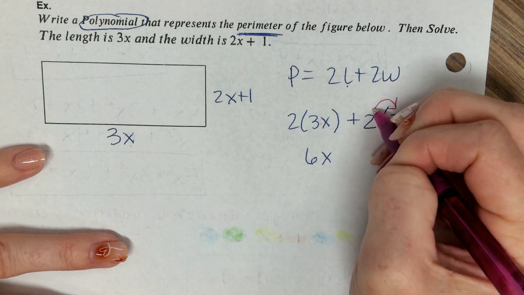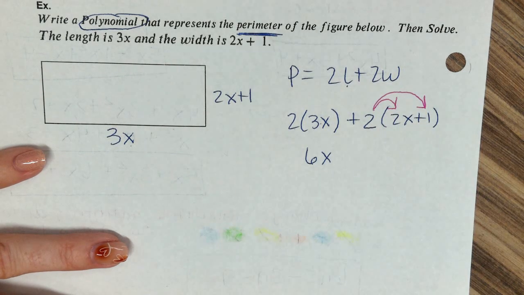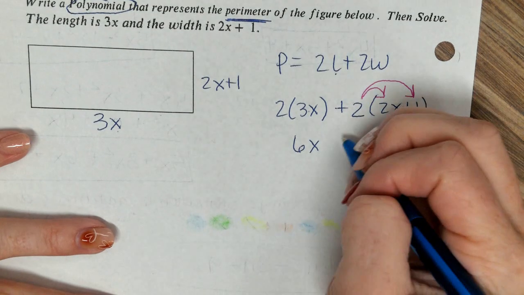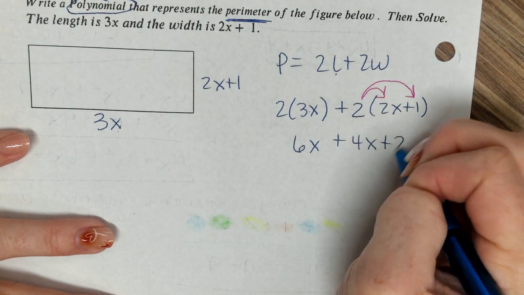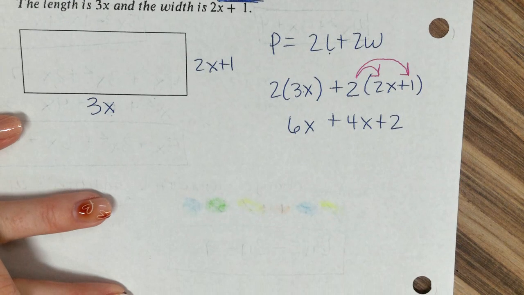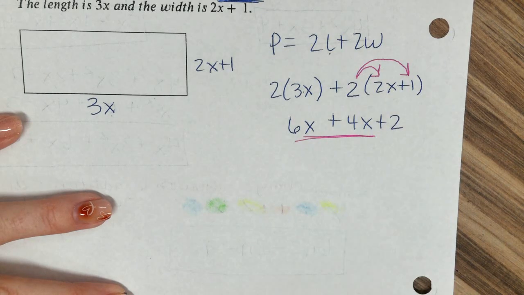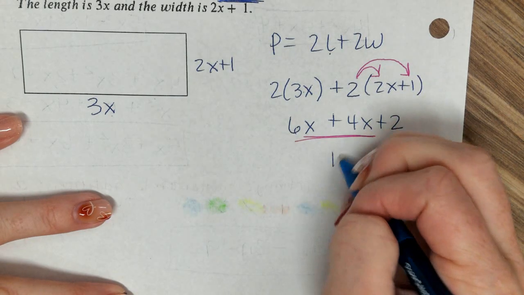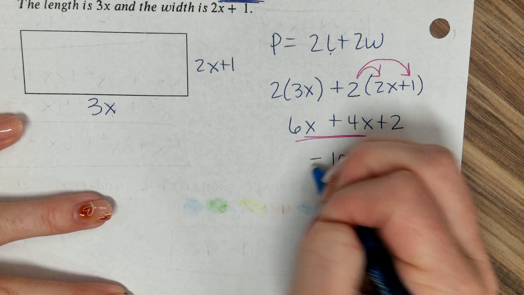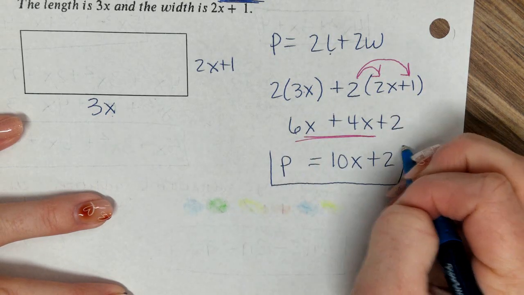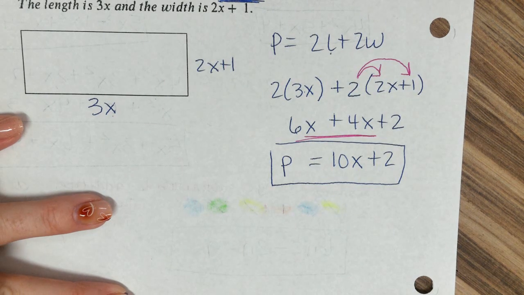Do y'all remember? It's been a while, but we distribute it to everything in parentheses by multiplication. So I have plus 4x plus 2. Now, am I finished? Because I can combine like terms. So these 2 terms can be added together. 6x plus 4x is? So 10x plus 2 is equal to the perimeter of that rectangle.